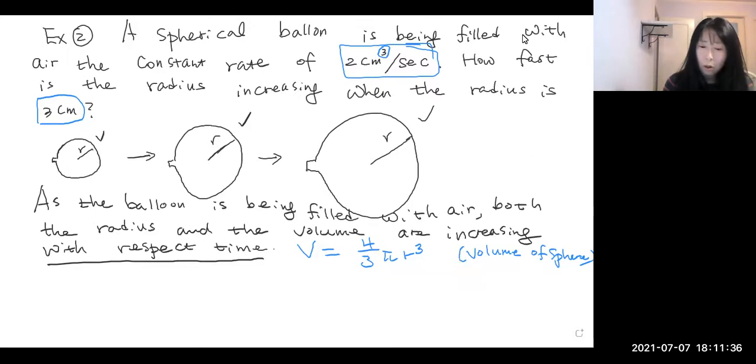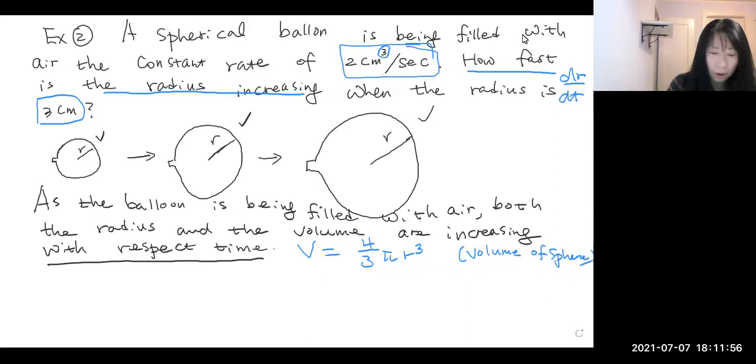Okay, so we are looking at how fast the radius is increasing, right? So this is the rate, right? So we call this dr over dt. Okay, then the radius equals 3 centimeters. So r equals 3 centimeters, right? Okay?